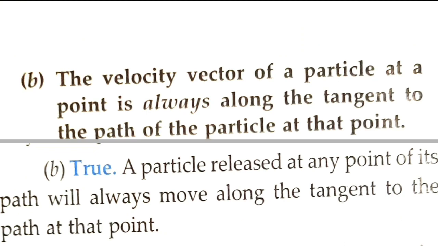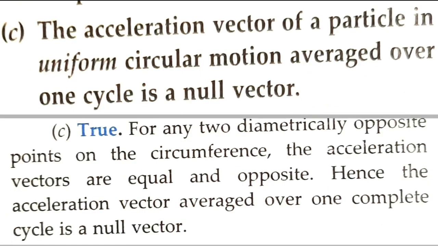And from the practical side also, when we whirl a stone tied to a string in a horizontal circle, if you just leave the string at any instant, the direction in which the stone will go is actually along the tangent. At whatever point we leave the end of the string, along the direction of the tangent at that point, the stone will be going. So that statement is true.